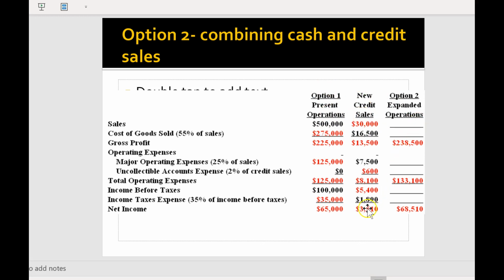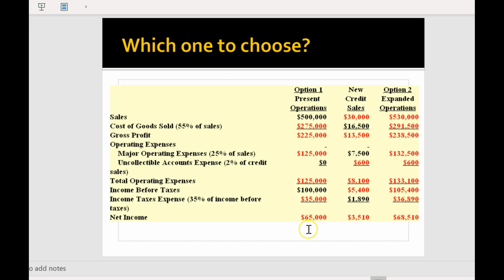Of course, if you are very familiar with the material, you could take 530,000 as option two, and then calculate cost of goods sold, calculate other expenses, and then calculate the bad debt, 2% only based on the 30,000. Okay, you can do that too. If you're less familiar with the material, you can calculate option one and the credit sales separately, and add them together to be option two.